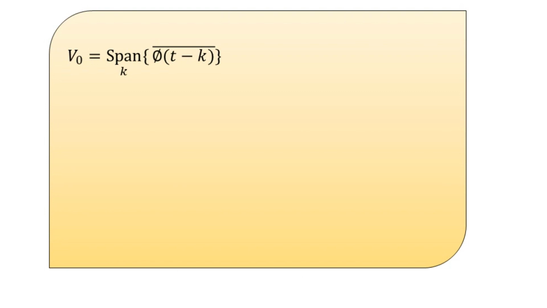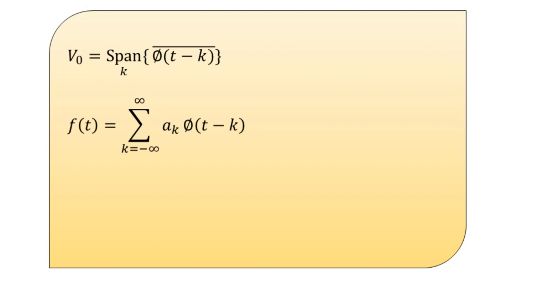So if we consider any function belonging to this function space that we are defining, let us say the function is f of t, expressed as the summation over k from minus infinity to infinity of a coefficient with suffix k multiplied by phi of t minus k.